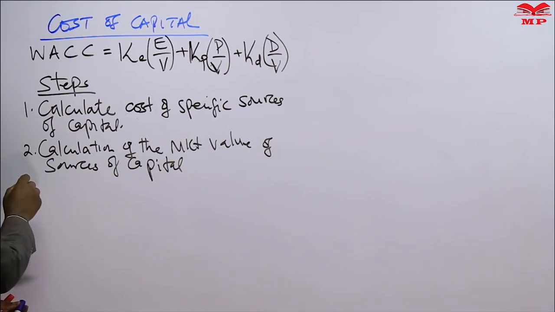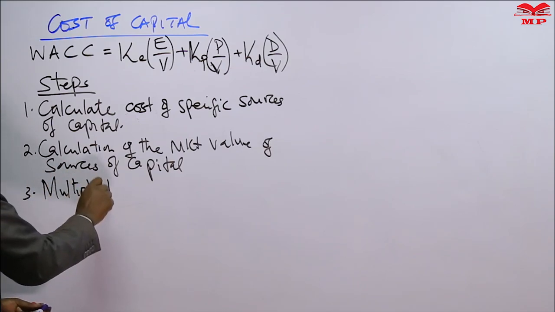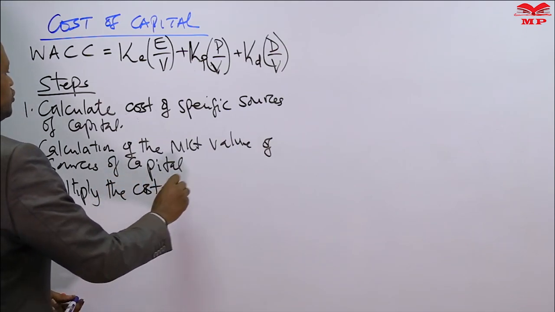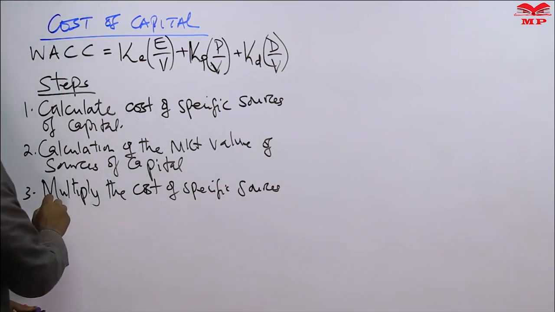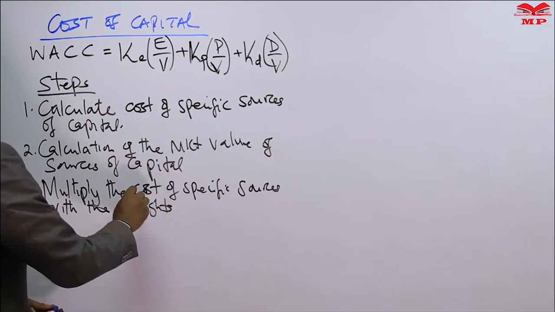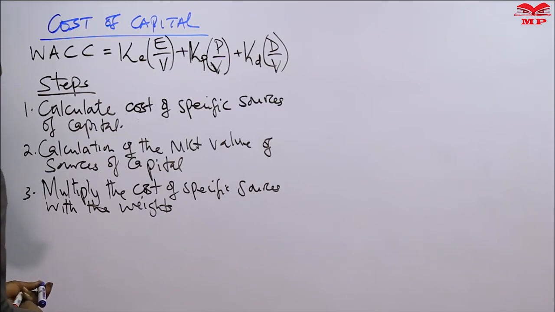Then number 3, the last step, is to multiply the cost of specific sources with the weights, and the weights are based on the market values of the specific sources of capital.